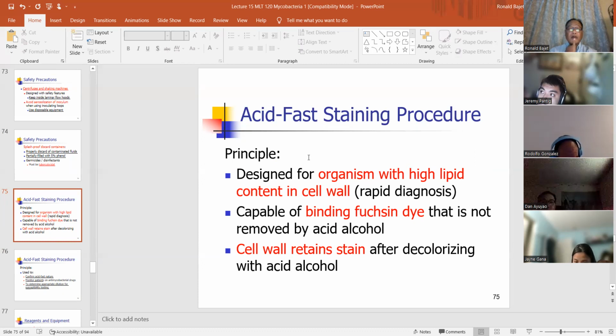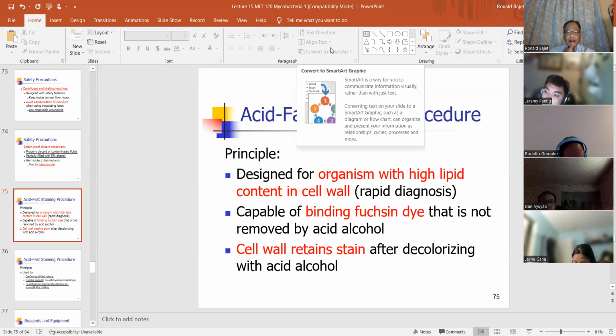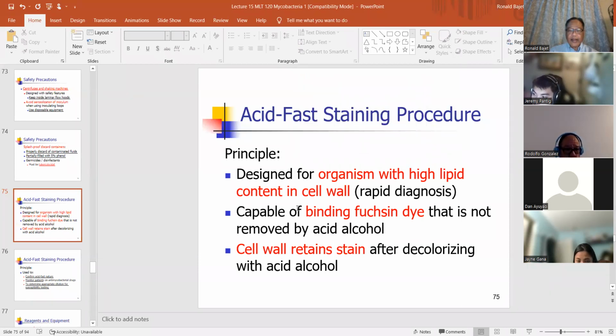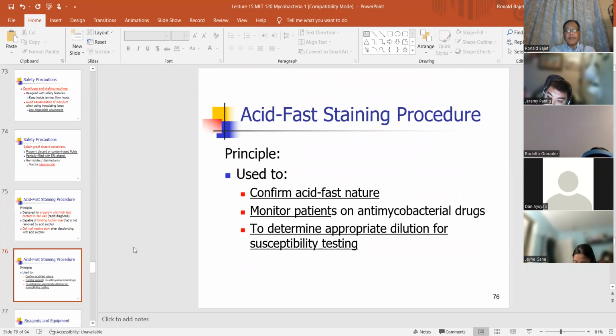The cell wall will retain the stain after decolorizing with the acid alcohol. And the acid alcohol, like I said, consists of concentrated hydrochloric acid. So the stain will confirm the acid-fast nature of the organism.